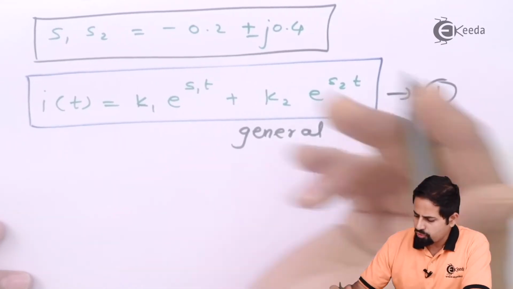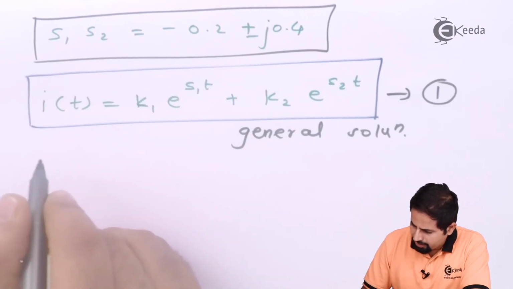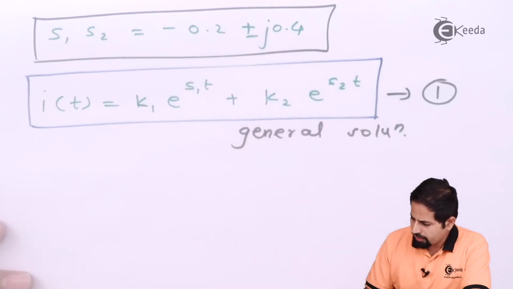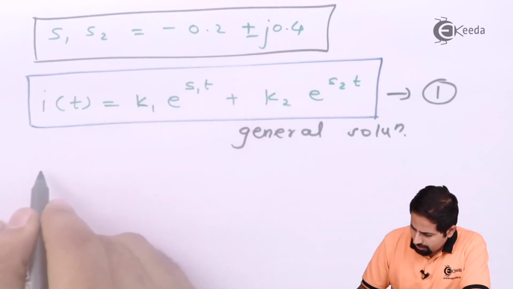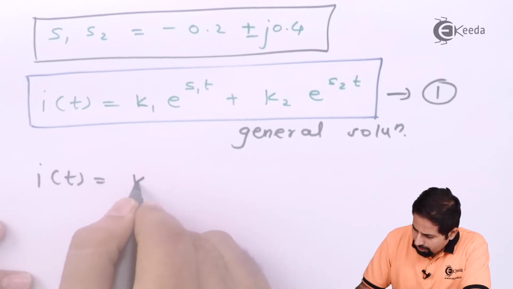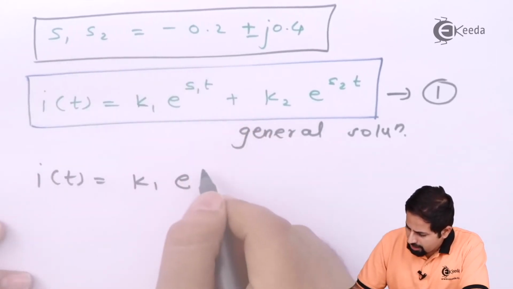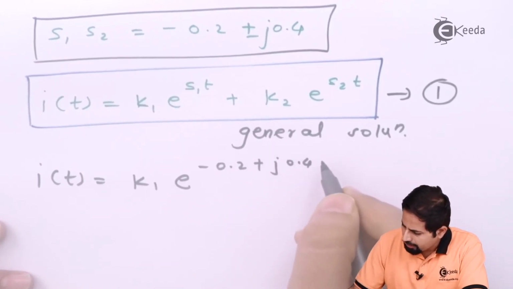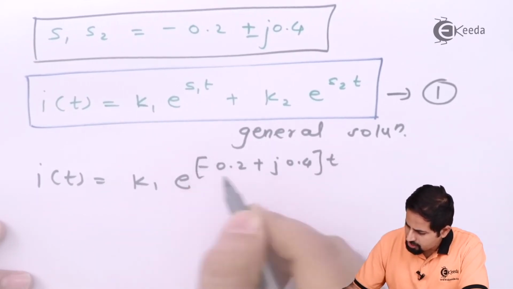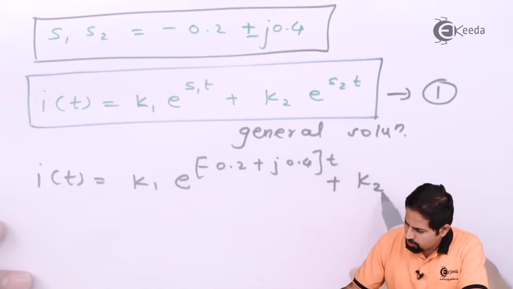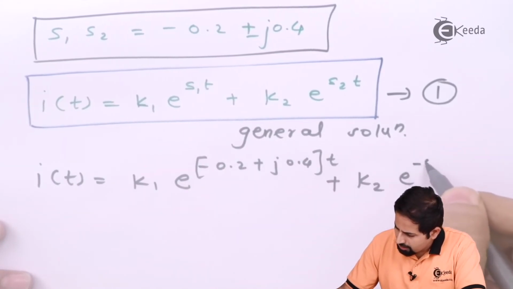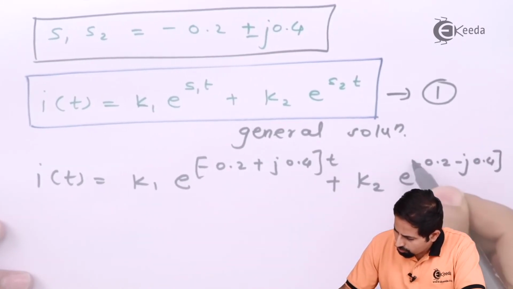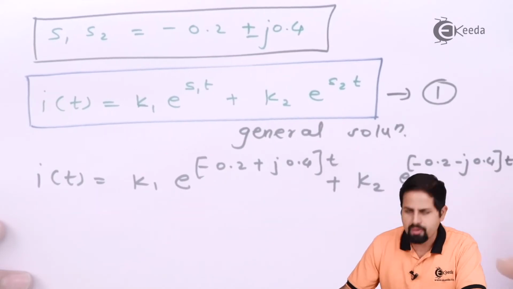And when you differentiate it, first I will write the equation. i of t equal to k1 e raised to s1, that is minus 0.2 plus j 0.4, into t, plus k2 into e raised to minus 0.2 minus j 0.4 multiplied by t.